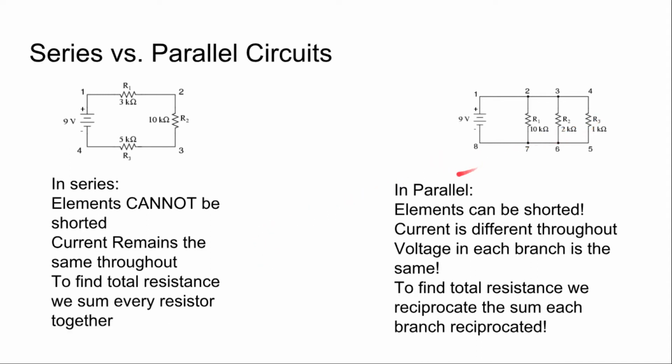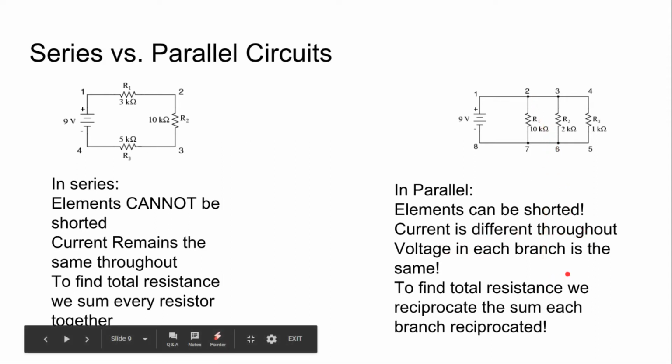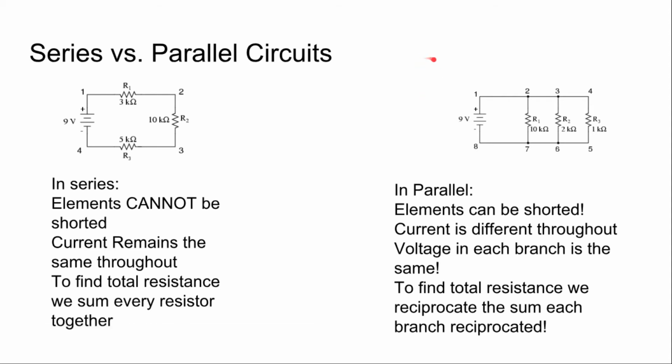Now in parallel, the elements can be shorted or skipped, and the voltage in each branch is the same while current is different throughout. To find the total resistance here, we reciprocate the sum of each branch reciprocated. So 1 over total resistance is equivalent to 1 over resistance 1 plus 1 over resistance 2, and so on and so forth.